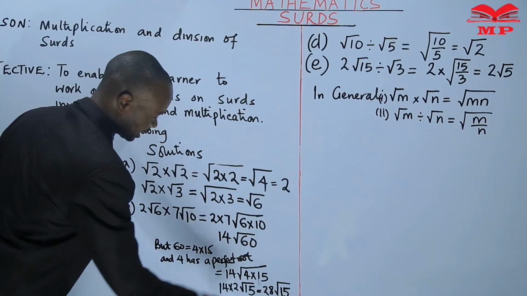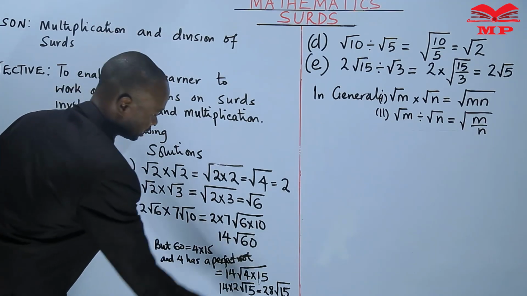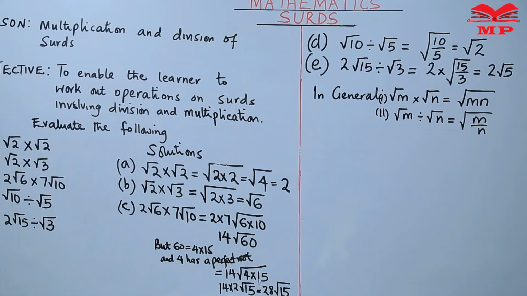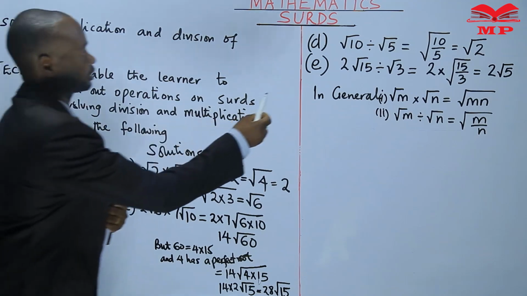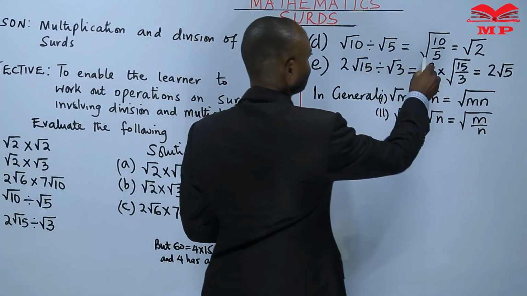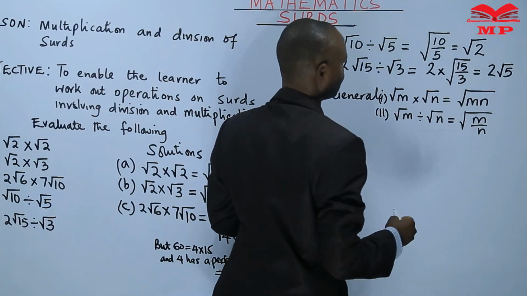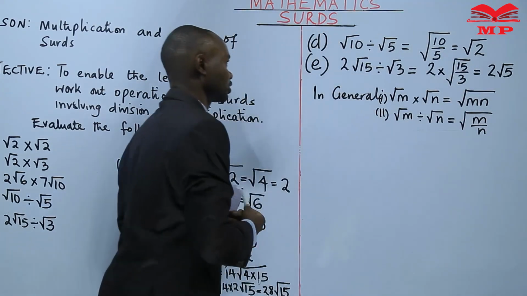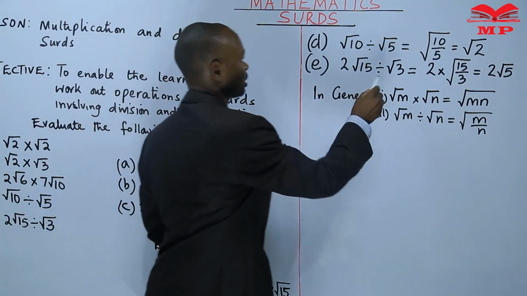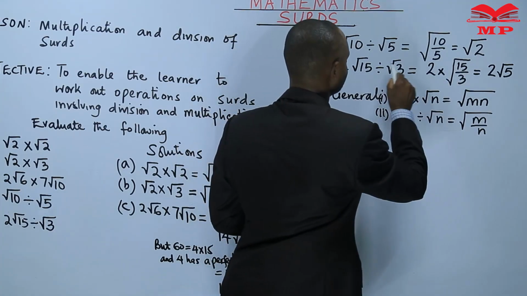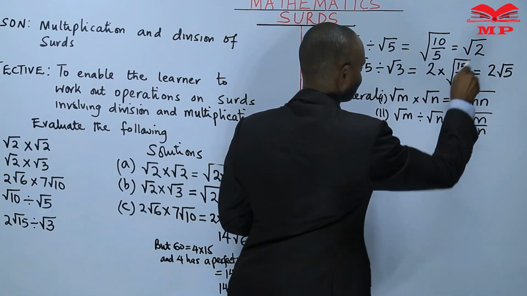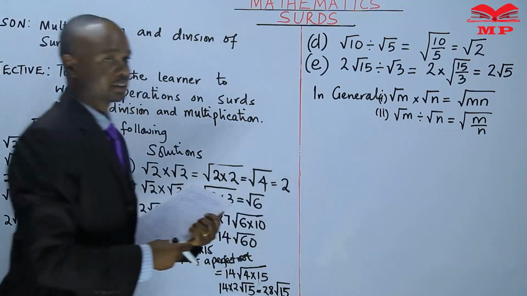That's why we simplified it further to 2 root 15. And the same continued here. When we had division, we put it into the same bracket and you divide. That's why we got square root of 2. The same applied here: 15 divided by 3, but under the same square root sign.